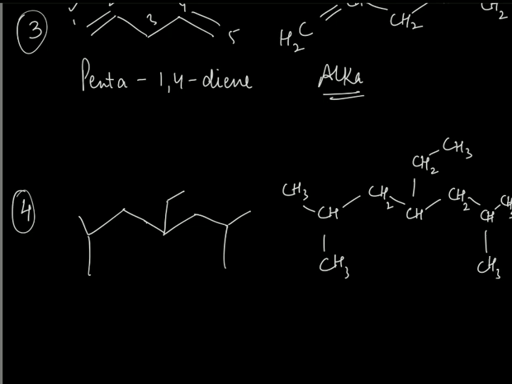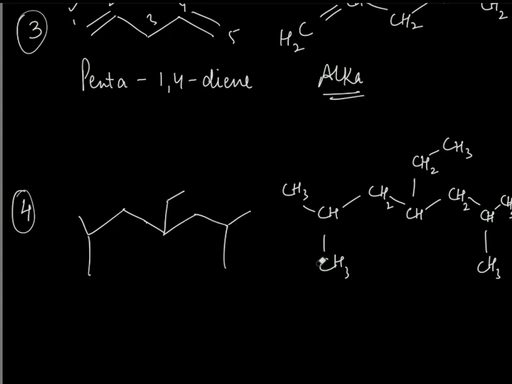Now where we should start the numbering, that's a question mark. Let's say we start from here. We are just trying to make sense of where we should start. This structure is more or less symmetrical. It doesn't matter if you start from this side or from the right hand side, this carbon or this carbon. It will be the same name, right?